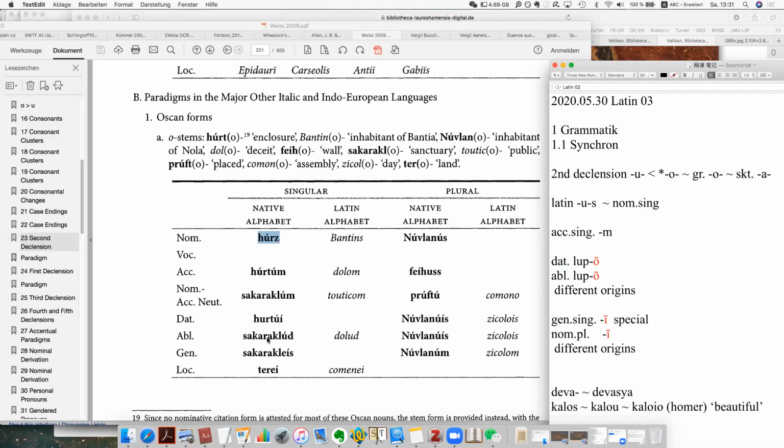And you also have the neuter in M. And the dative and ablative, you see that's different. In Sabellic, you will see they are different.